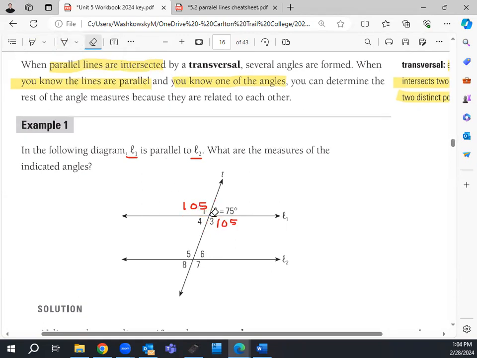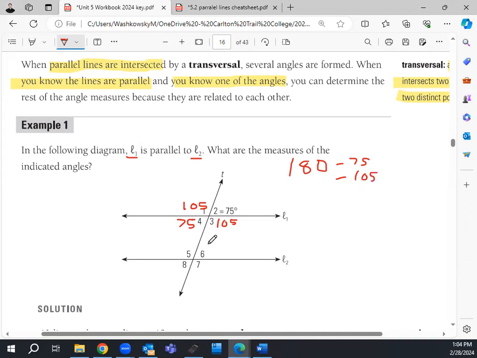So there are different ways you can find this information, which would mean this one over here is also 75. And again, if you're wondering where I got 105 and 75 from, it's because the straight line has 180 degrees, and I'm just subtracting those numbers from it to get the other one.